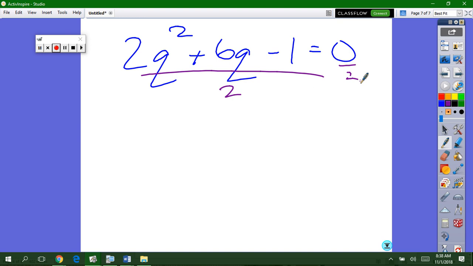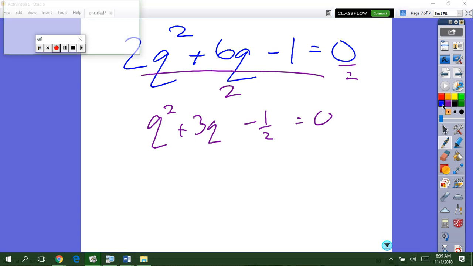Well, you could, but don't do that. I wouldn't. So I'm left with q squared plus 3q minus a half equals 0. Is that a perfect square trinomial? We don't like what number? The half.